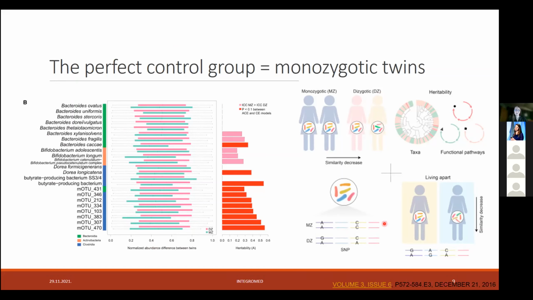Of course, we need to take into account that if they start living apart, these differences start to increase. However, there have been many studies employing this factor and analyzing not only the genetic influence of the host on the microbiome, but also some specific health conditions, just trying to employ this almost perfect control group.